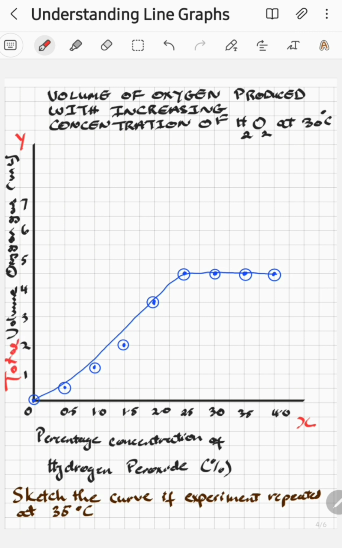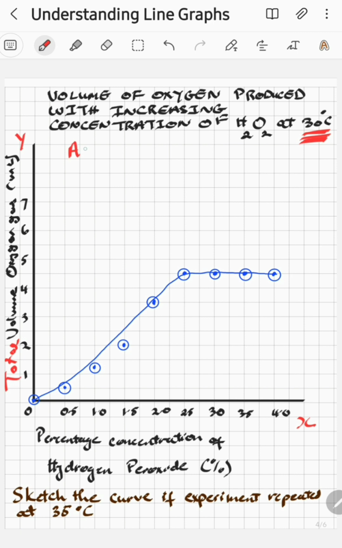What impact does that have on the total volume of oxygen gas collected? So let's look at this, okay? So it says as X increases, Y increases up to a certain point, and then it remains unchanged, okay? So just to point it out, this experiment is occurring at 30 degrees Celsius, okay?